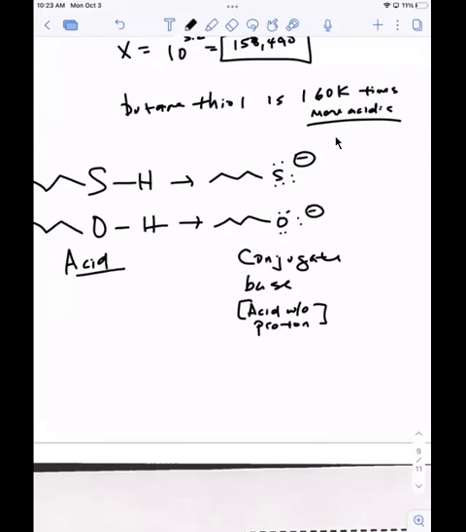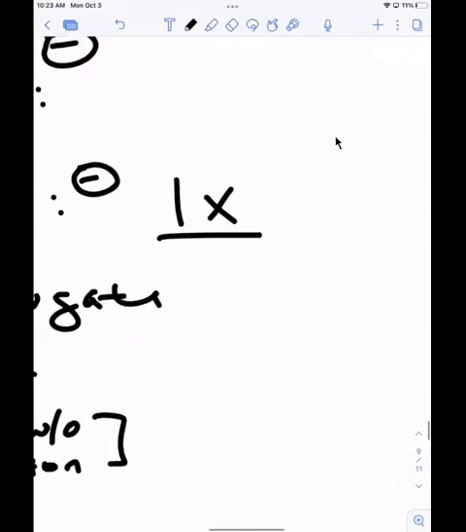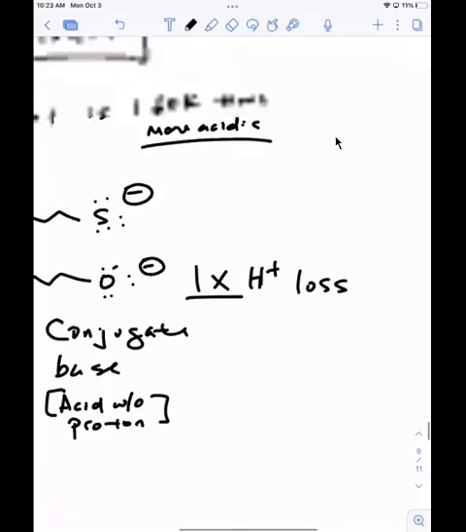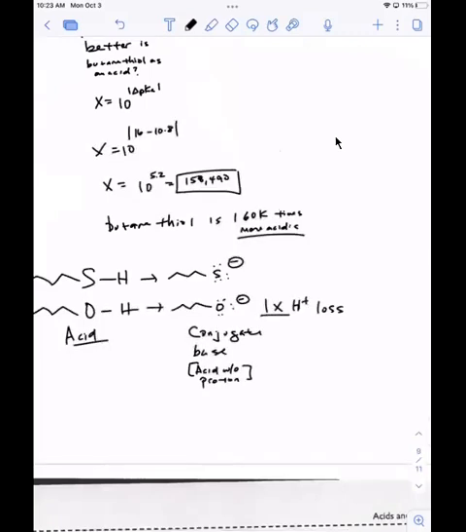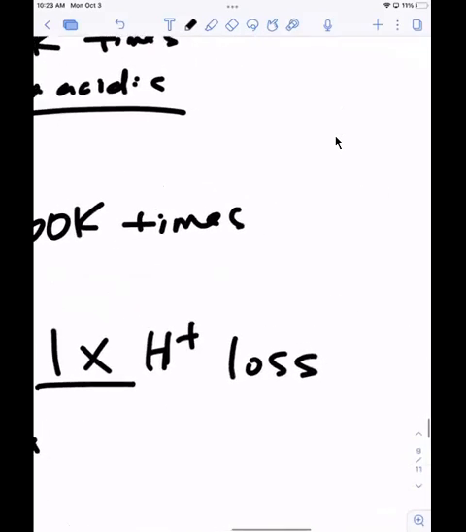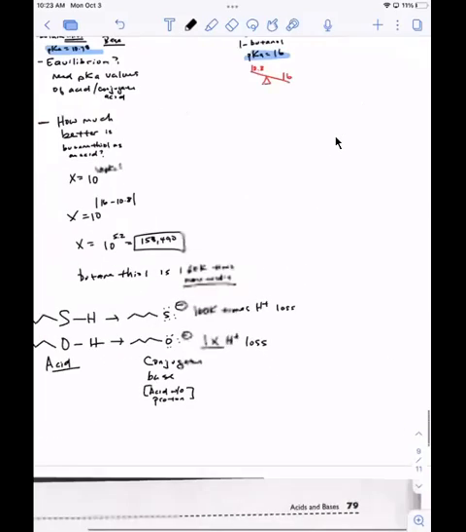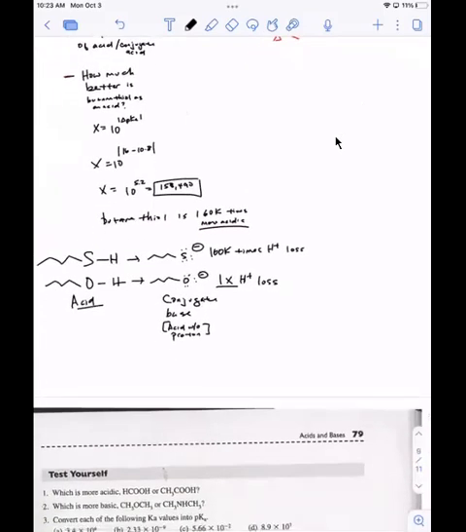Right? So now let's say that this is the conjugate base. Let's say every time butanol loses one proton, that happens 160,000 times for butane thiol.